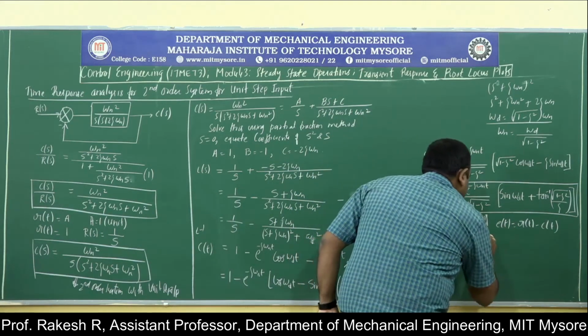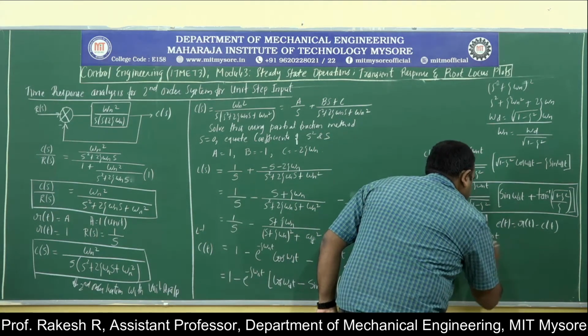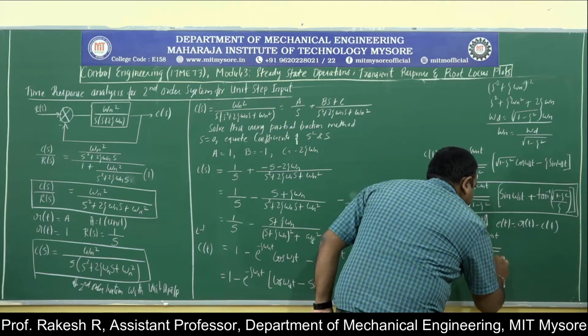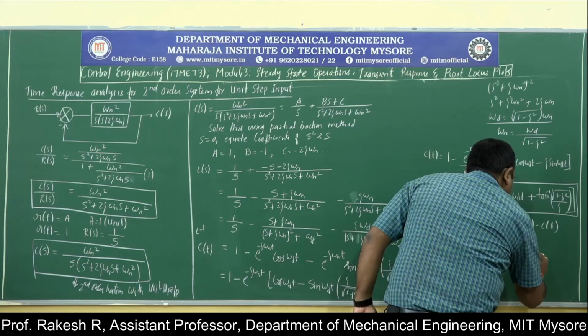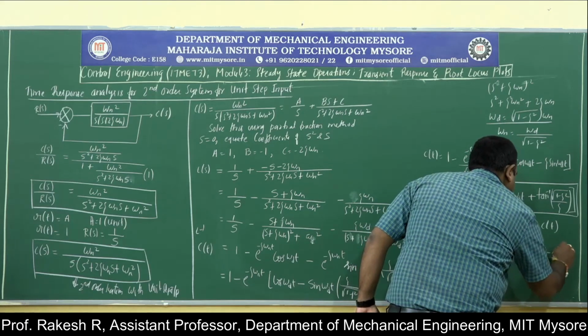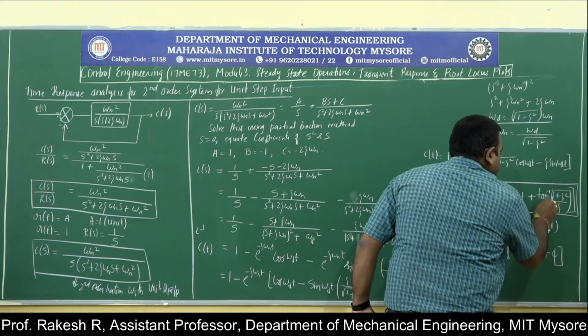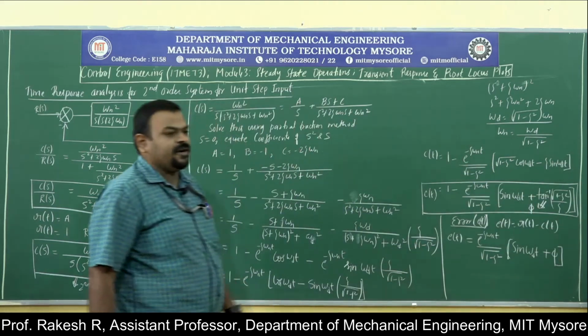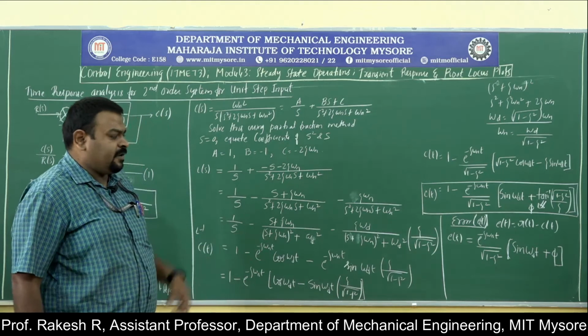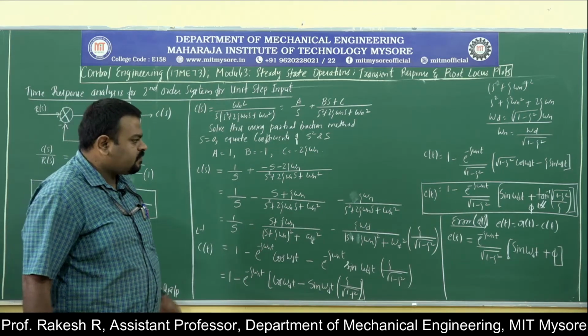Directly I will write e to the power of minus zeta omega n t divided by square root of 1 minus zeta square into sine of omega d t plus phi. So this is an expression for the error signal for a second order system.